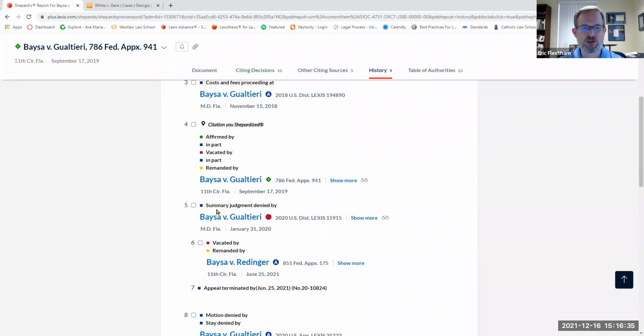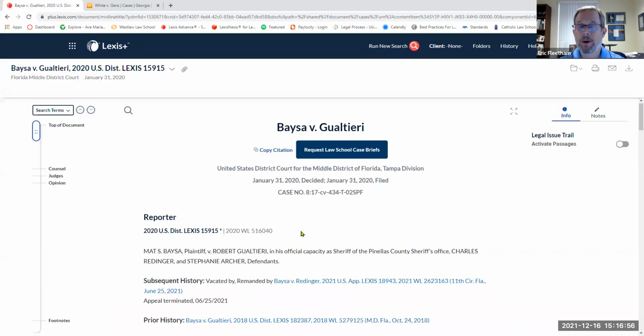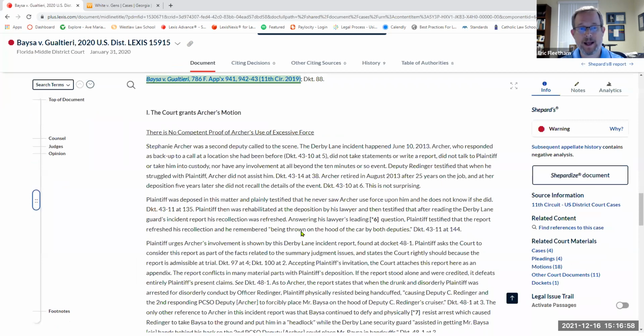And here it is, summary judgment denied by the Middle District of Florida. That's a United States District Court. Here's the link for it. That was decided January 31, 2020. So I click the case link, and now I can read what happened on remand.